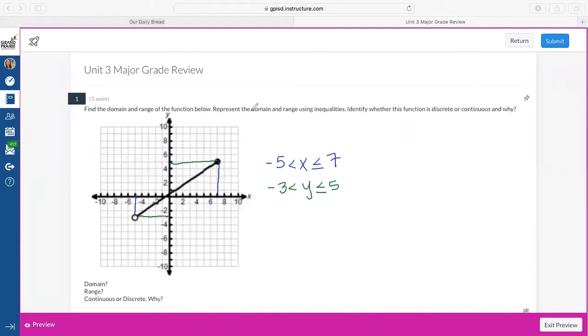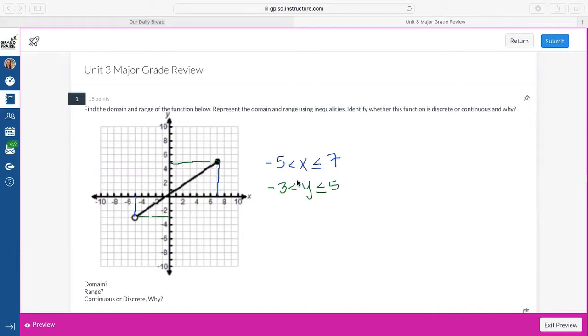All right, then the last question says, is it continuous or is it discrete? Continuous.